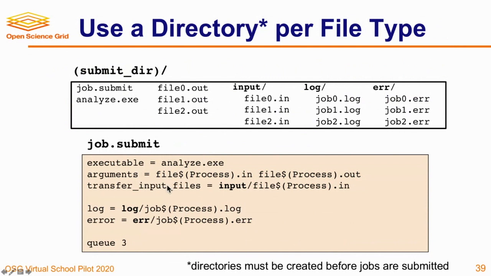Everything else in the submit file would look the same, except that we can place our input files into this folder ahead of time, create these log and error folders ahead of time, and then tell Condor, rather than transferring the input file from the top level of my submission directory next to, say, my submit file, transfer it from a folder called input, and then here's the file name. So we can give the path of the file where it is on the submit server, and Condor will just look for it and grab it from there when it makes the transfer happen for each job.